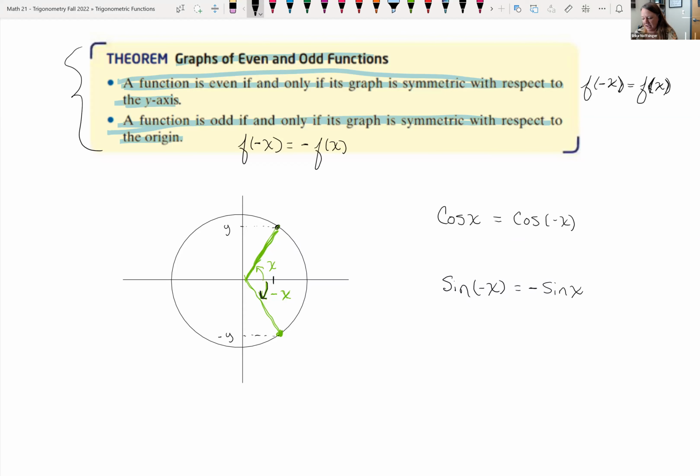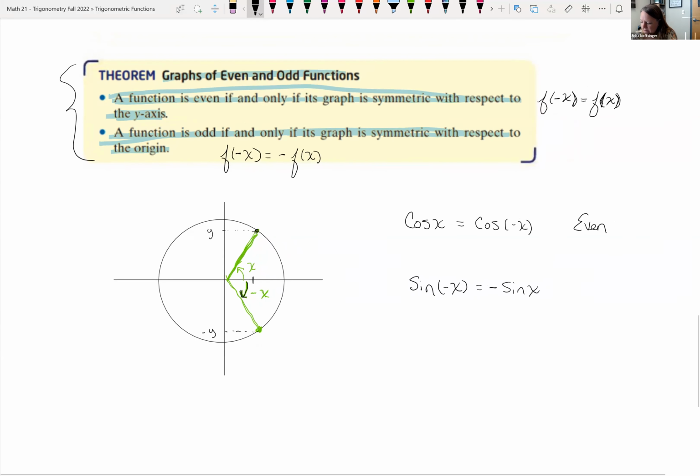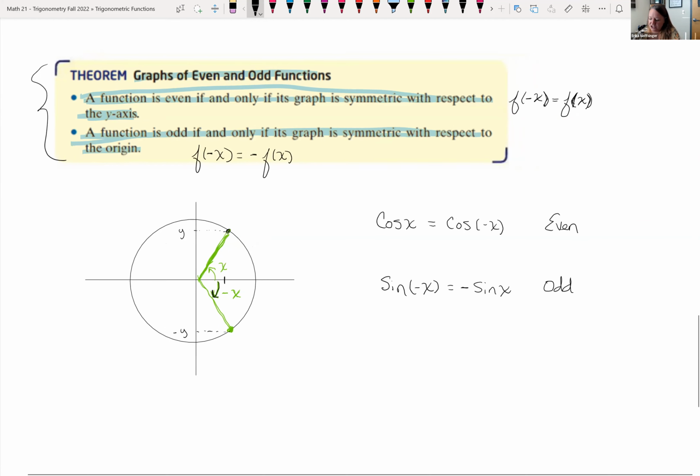So cosine of x, this was even. Sine of x is odd. So any trigonometric function that has sine of x in it is actually an odd function. Any trigonometric function that just has cosine of x in it is an even function.